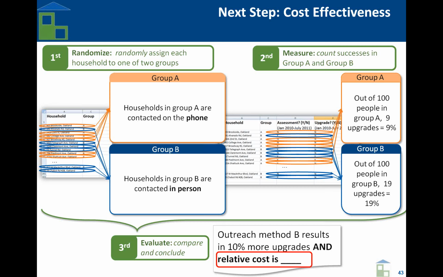So after you do this experiment and you get the differences between the programs, the next step is figuring out the relative cost of those two options. So maybe going door to door results in more upgrades, but it might also be much more expensive than calling people on the phone. So you might actually just want to call people on the phone.